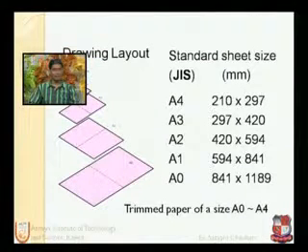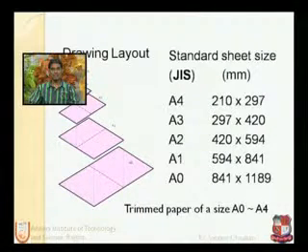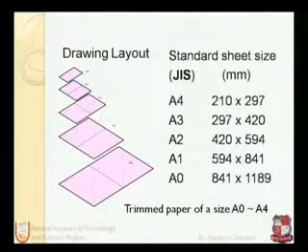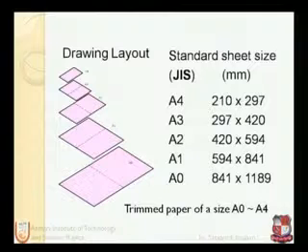Moving further, drawing layout. Here on the screen you can see that drawing standard sheets are given by the JIS standard. They vary from A0, A1, A2, A3, A4, and in some cases A5 as well.